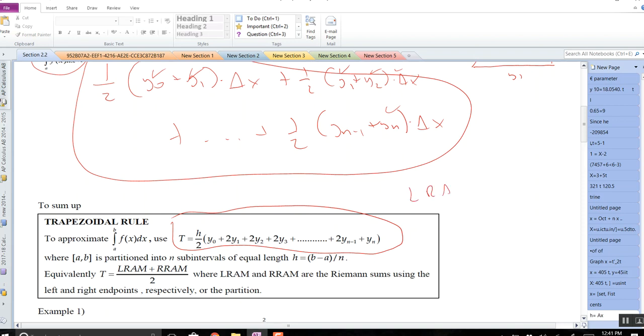LRAM starts with the leftmost coordinate, using y0, y1, and ends at y(n minus 1), whereas RRAM skips y0, starts at y1, and ends at yn. So it's like averaging the LRAM and RRAM areas to get the trapezoidal rule. This is under the assumption that we're using equal subinterval lengths.